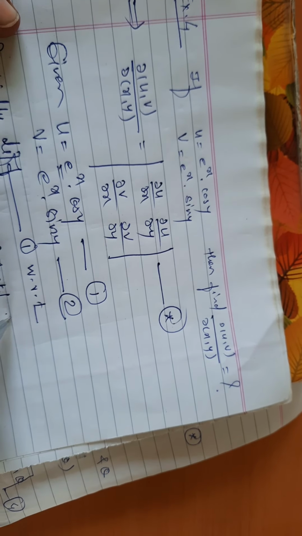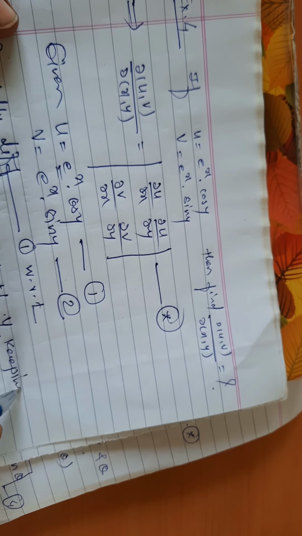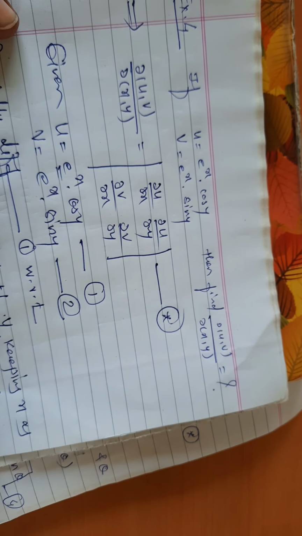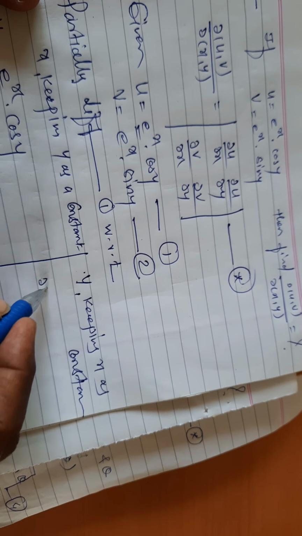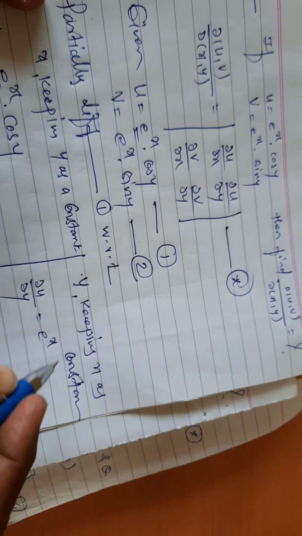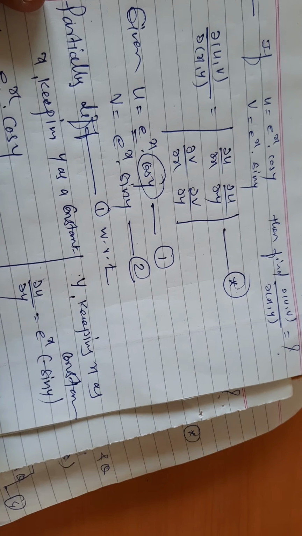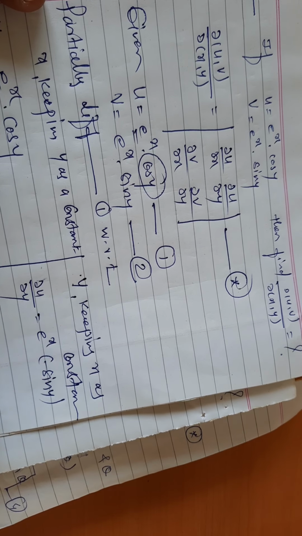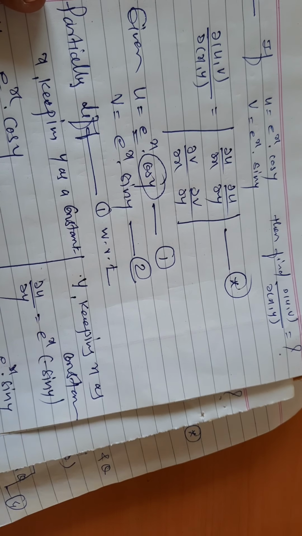At the same time with respect to y, keeping x as a constant, what will happen? Partial u by partial y: e raised to x is as it is, derivative of cos y is minus sin y, that is partial u by partial y is minus e raised to x into sin y.